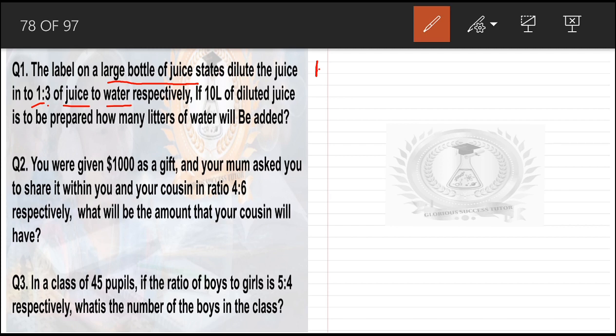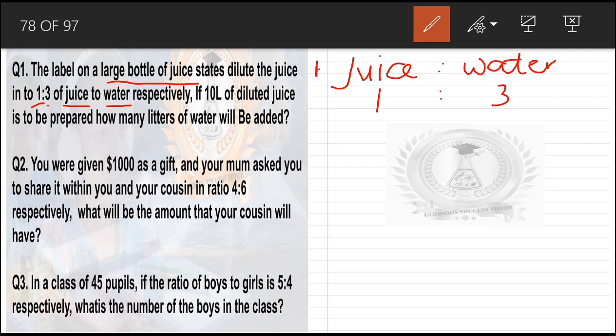We said the ratio of juice to water, so I can write juice to water is what? 1:3, isn't it? Beautiful. Now, if 10 liters of diluted juice is to be prepared, how many liters of water will be added?